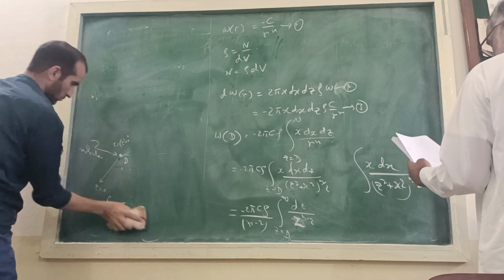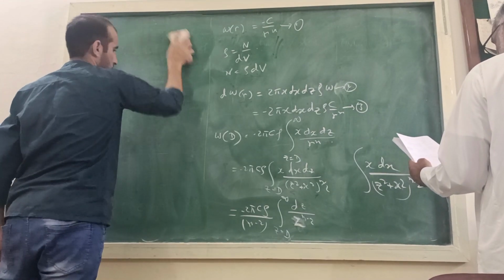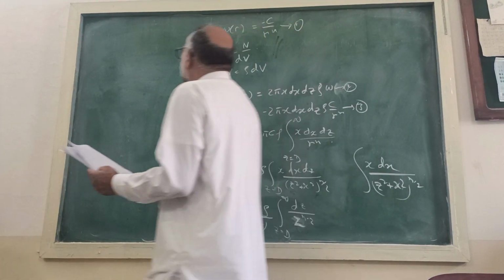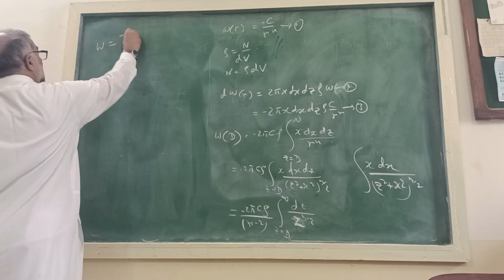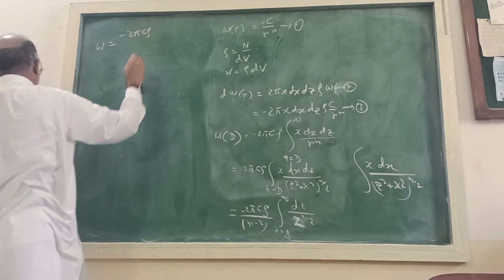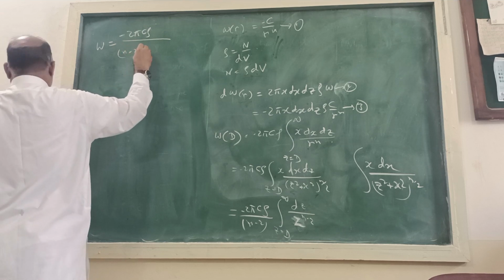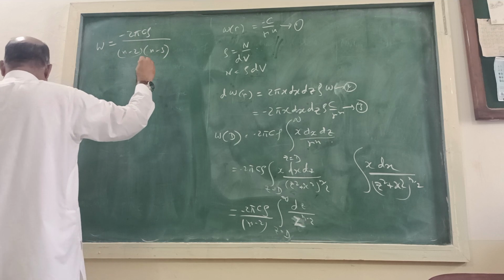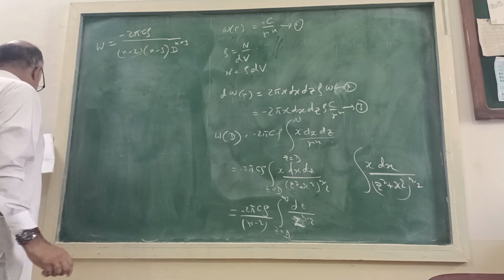Now putting the limits, we will get minus 2 pi c rho over (n minus 2)(n minus 3), and d to the power n minus 3.